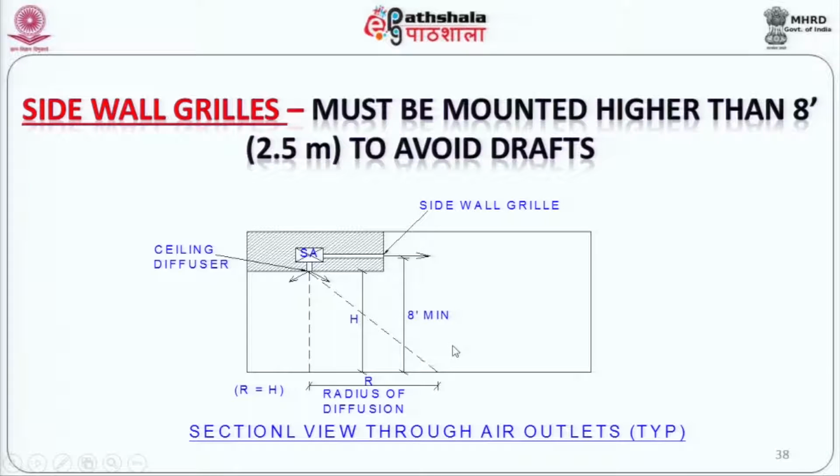Can you think of an example where this is not avoided, where you cannot avoid hitting an occupant with a supply air grill? Yes, all of us are aware of it. A simple car. When you sit in a car, can you avoid feeling uncomfortable if you happen to occupy the driver's seat or the seat next to him?